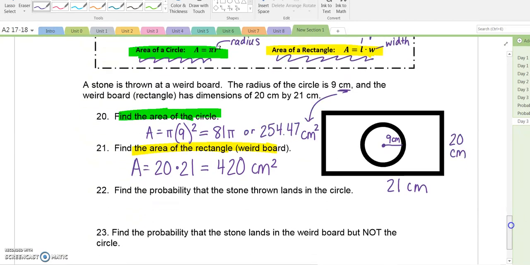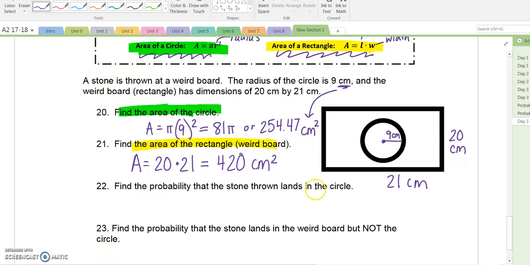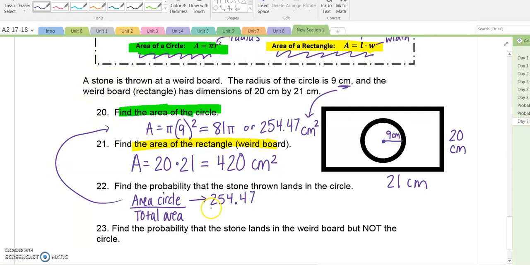Okay. For 22, the probability the stone throw lands in the circle. Well, if I want it to land in the circle, then I'm going to do the area of the circle on top, because that's what I want to happen, divided by my total area on the bottom. Area of the circle I know, because that's what we said in number 20, so 254.47.